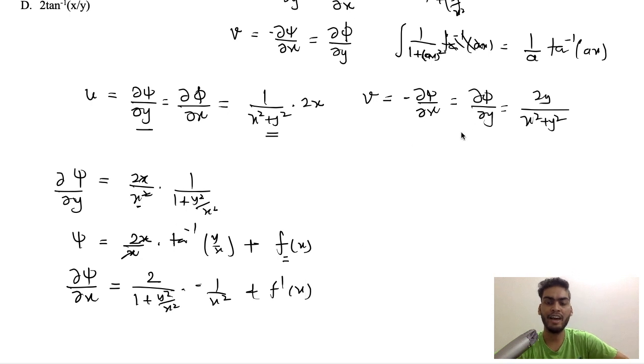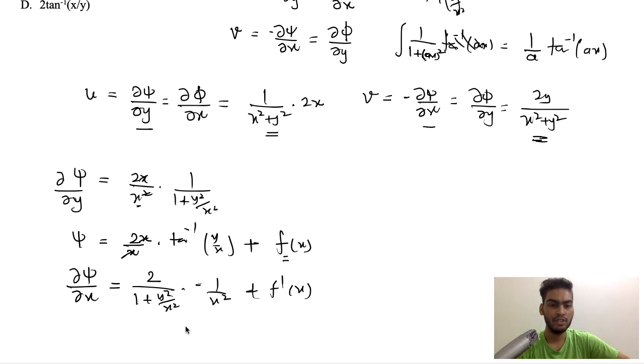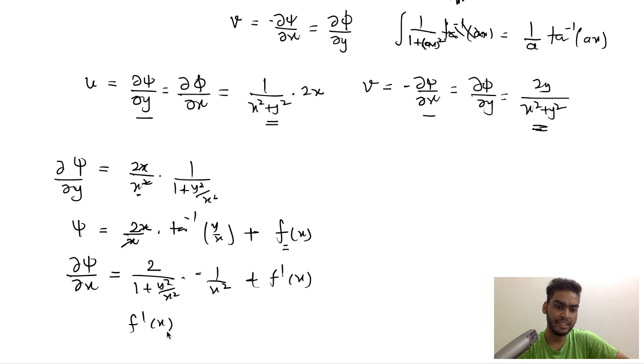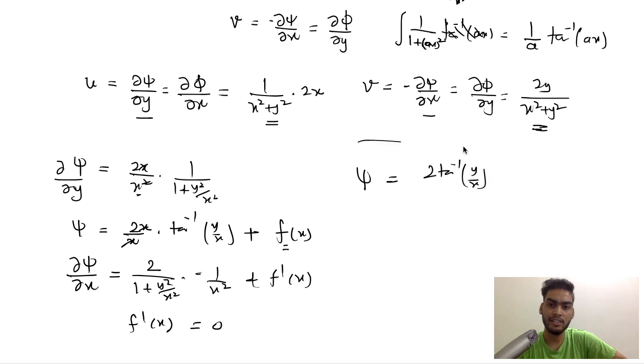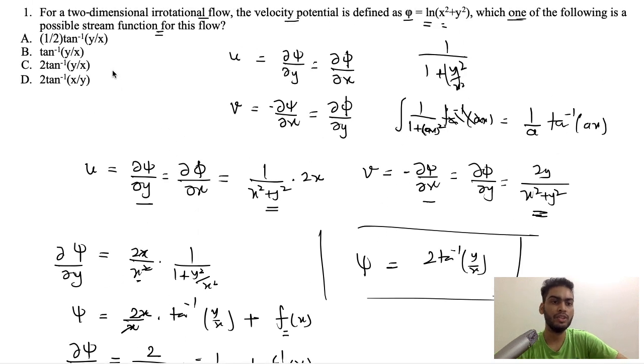And if we put the value of del psi upon del x from the differentiation that we did earlier, we obtain f dash x is equal to 0, and finally we have the stream function as 2 tan inverse y upon x. So this is the required stream function. So 2 tan inverse y upon x is the correct answer here.